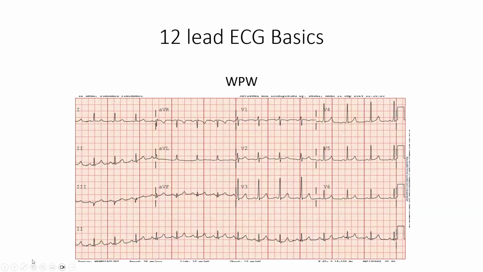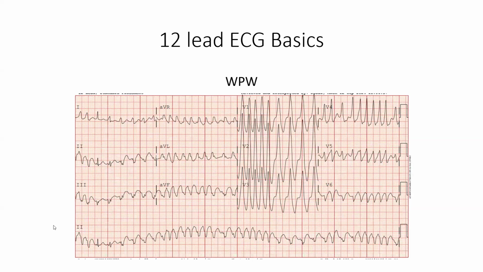And again, it is very subtle. Sometimes you don't see it in all the leads, but here you can see it in V3. I actually had to look at this EKG a couple of times because I'm like, is that my WPW EKG? And when someone has an accessory pathway and atrial fibrillation, that can set them up for all kinds of badness.